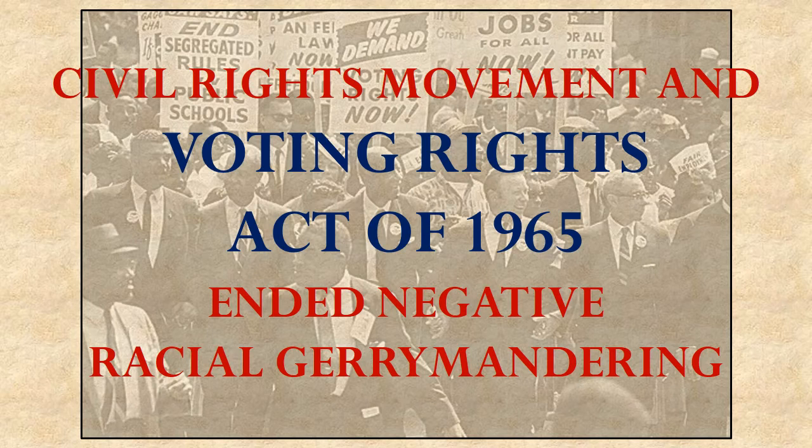This process came to an end in the 1960s with the Civil Rights Movement and the passage of the Voting Rights Act of 1965, which ended negative racial gerrymandering in the country. Now what I mean by this is it ended the use of racial gerrymandering to harm minority groups. Racial gerrymandering still exists for some other reasons that I'll talk about in a moment.